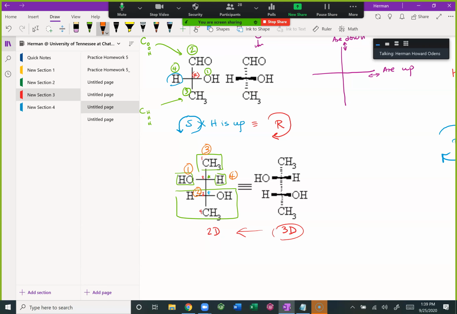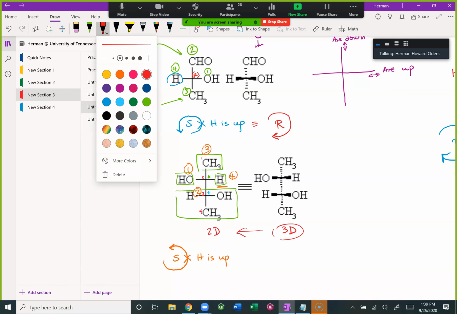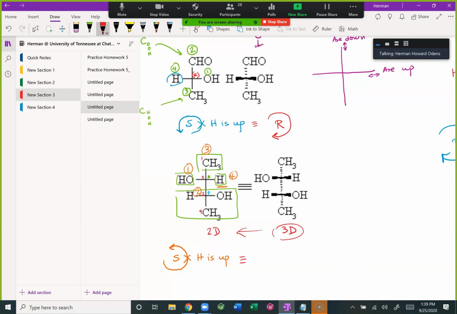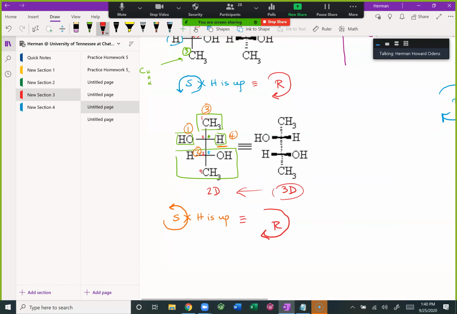So right now I'm looking at something that looks like 1, 2, 3 counterclockwise. It looks like S, but it's not an S because this H is up. So if the H is up, therefore you're dealing with an R. So carbon 2 is 2R.